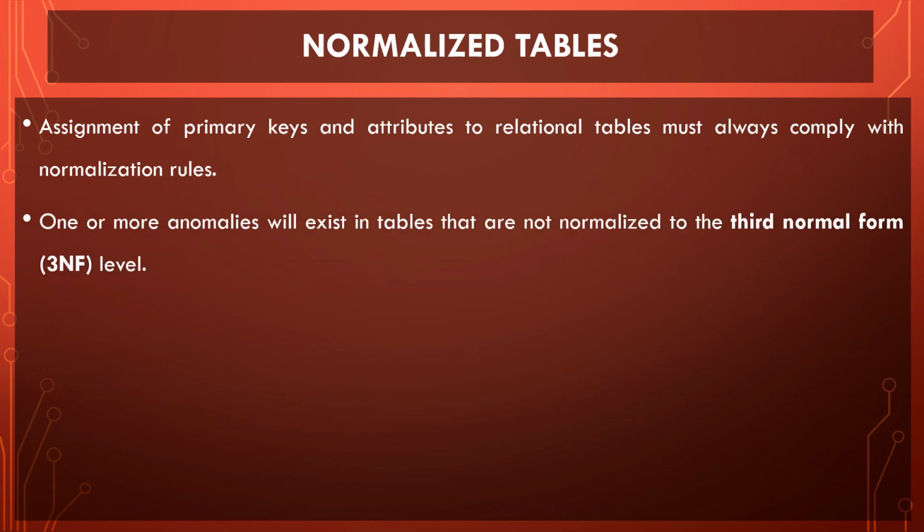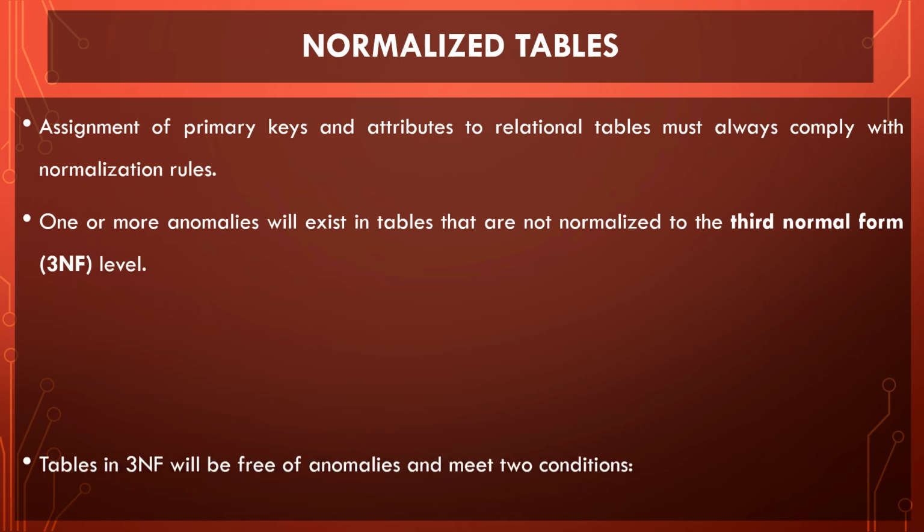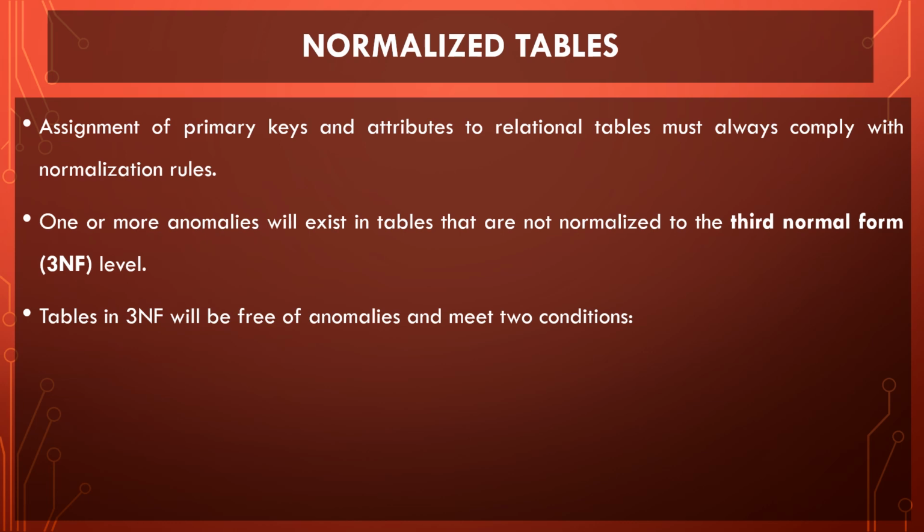Okay, whereby for the third normal form, we will talk about it here. One or more anomalies will exist in tables that are not normalized to the third normal form level. Tables in third normal form will be free of anomalies and meet two conditions.